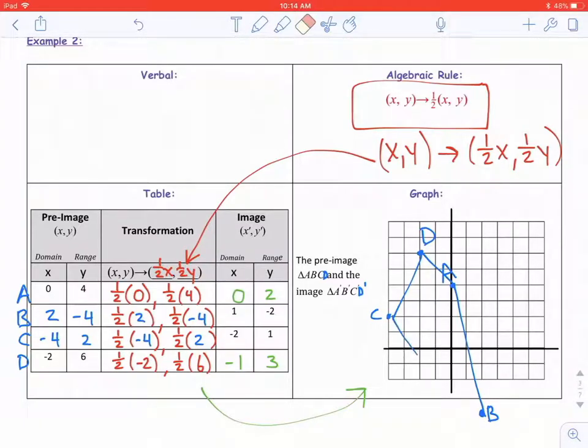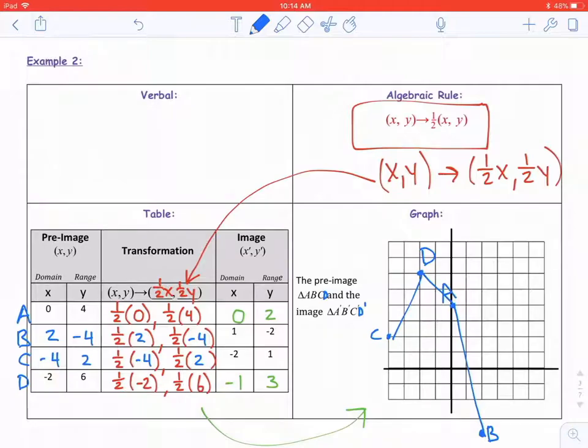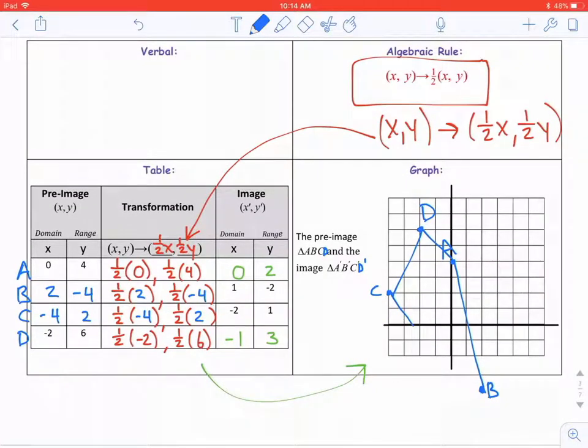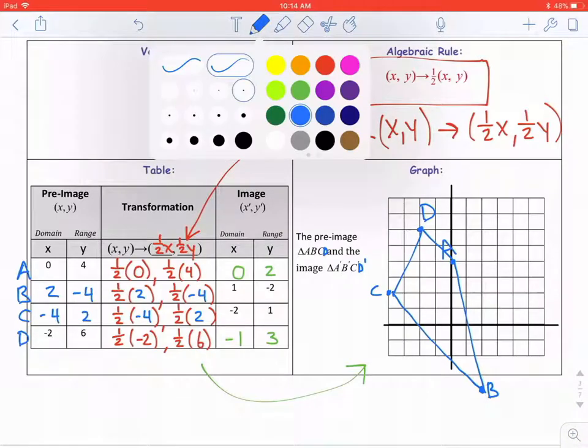Oops. Let me try to just erase that one little line and draw that a little better. There we go.